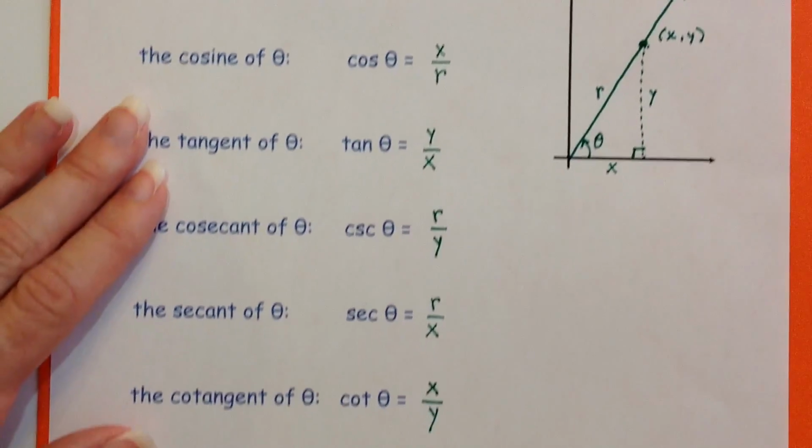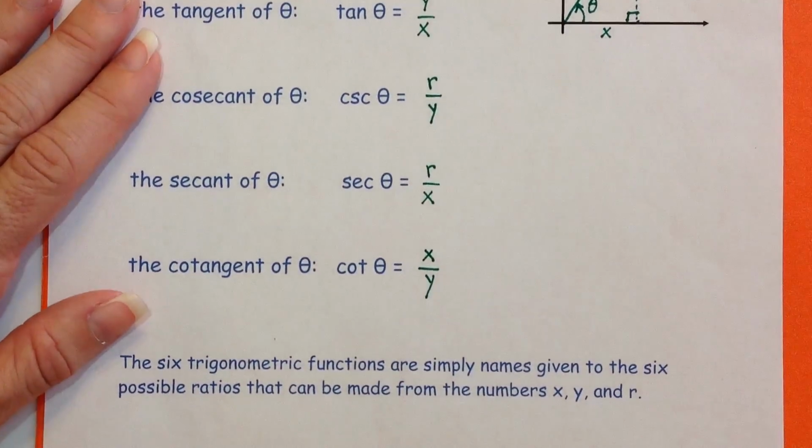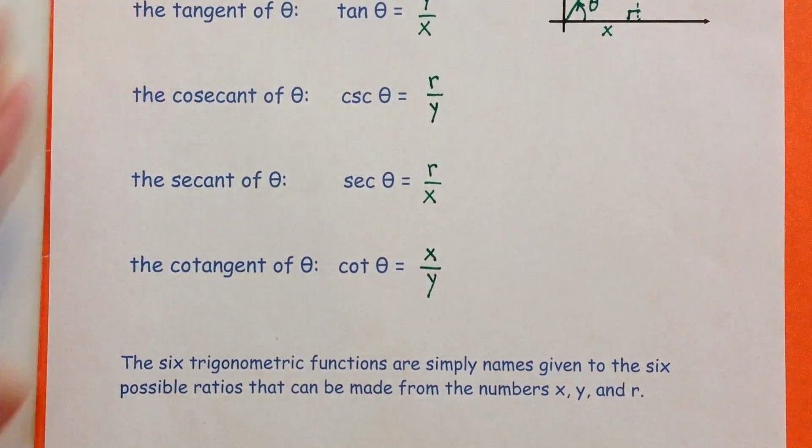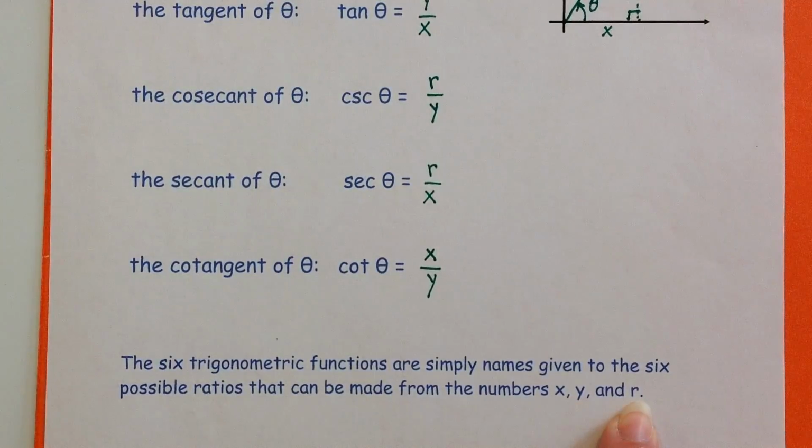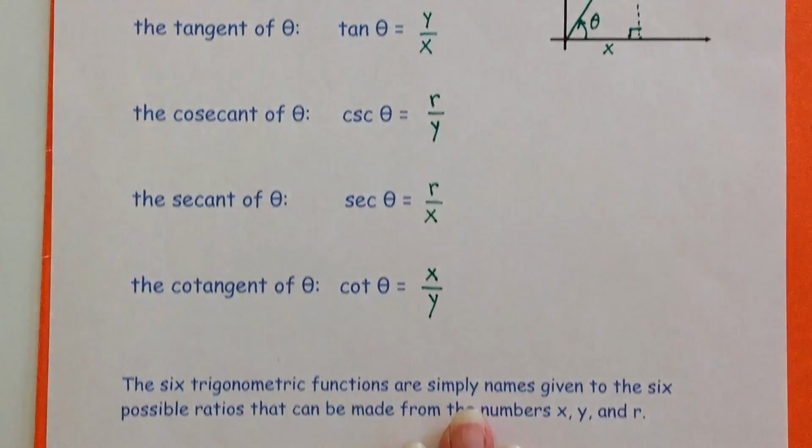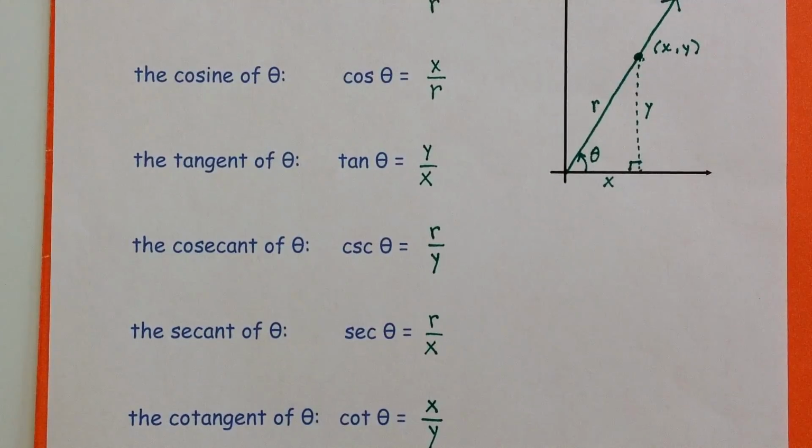Okay, so this bottom statement that I have here says the 6 trig functions are simply names given to the 6 possible ratios that can be made from the numbers x, y, and r. So ratio meaning a fraction. If you just start making all the different fractions that you can make using these 3 variables, you can only come up with 6 different fractions, 6 different ratios, and that's what these trig functions are.